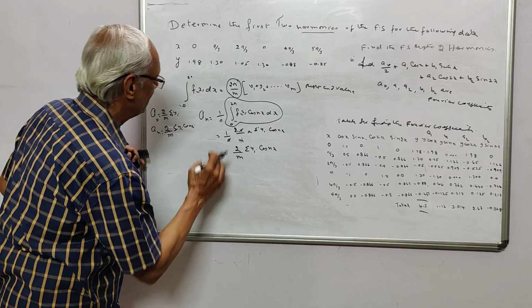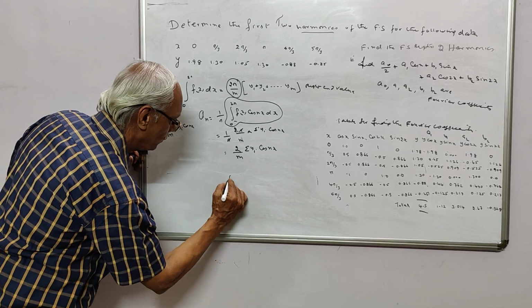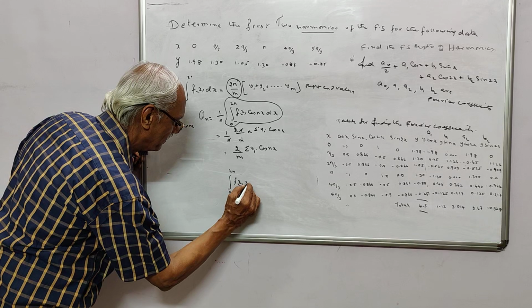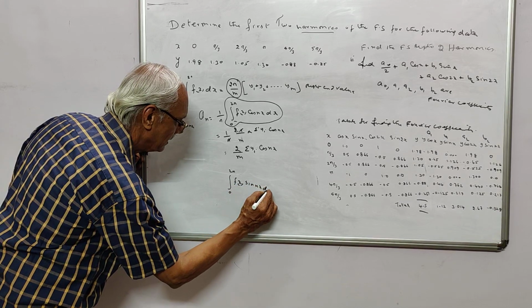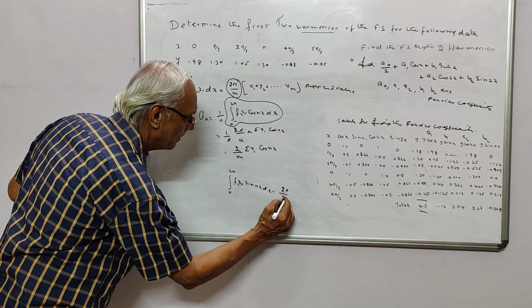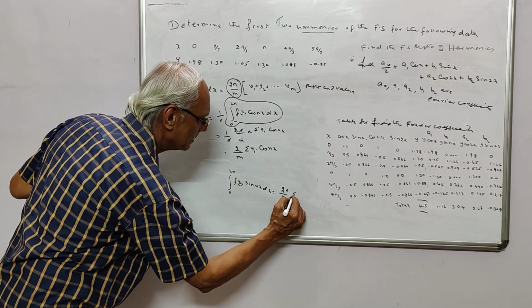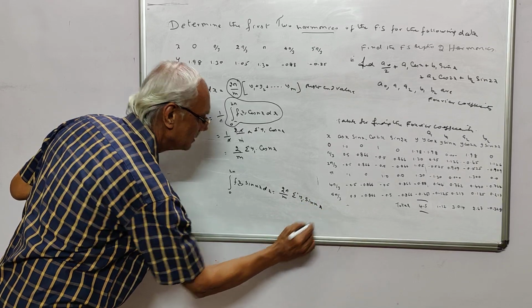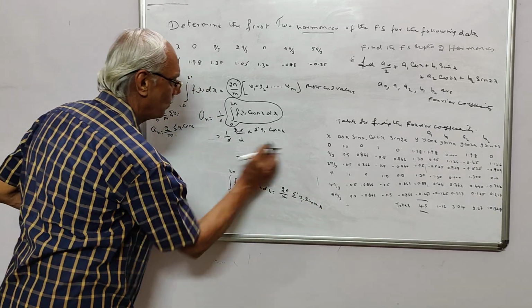And see here, I will tell you what it is. Now you multiply this integral from 0 to 2 pi by sin nx dx, and it will be equal to 2 pi by m into sigma of yi sin nx. That is what I will get. Now what is your bn?